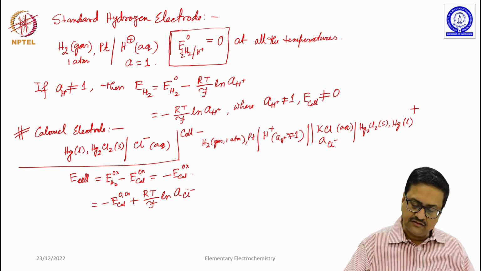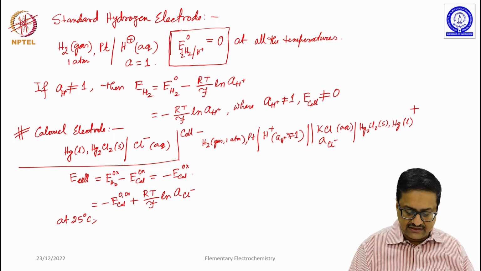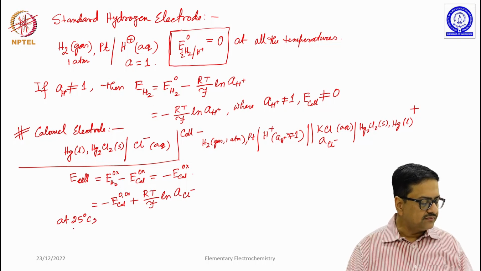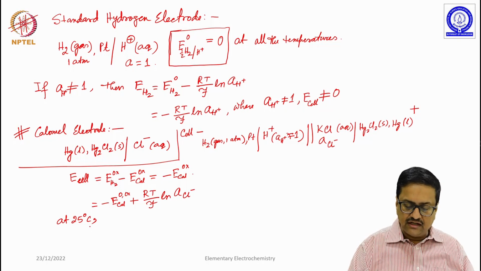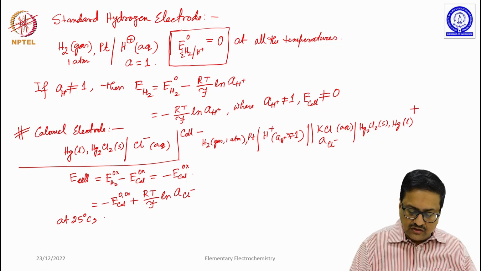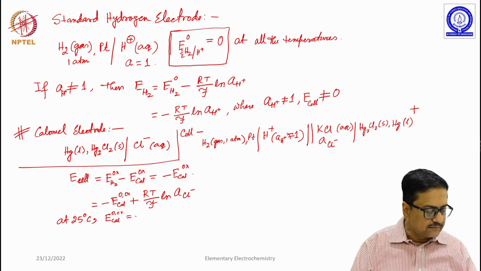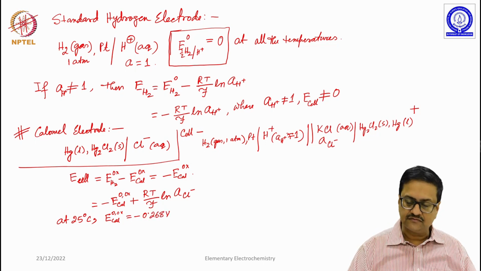So, now at 25 degree centigrade in an experimental setup, this value of E cell with unit activity of KCl, one has determined the E0 calomel, the oxidation potential, to be equal to minus 0.268 volts.